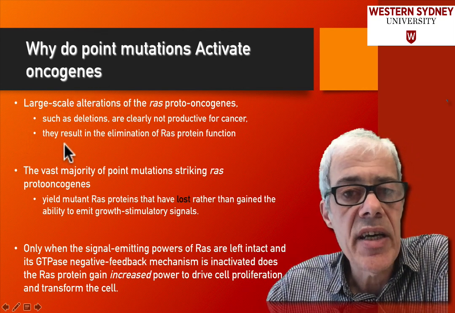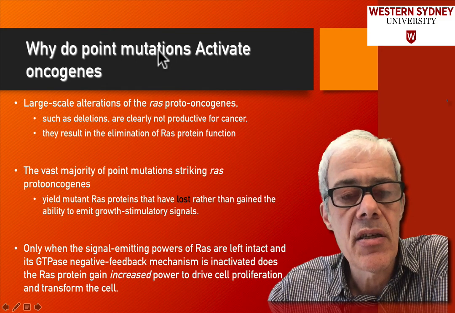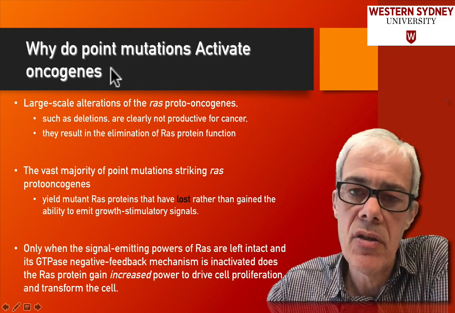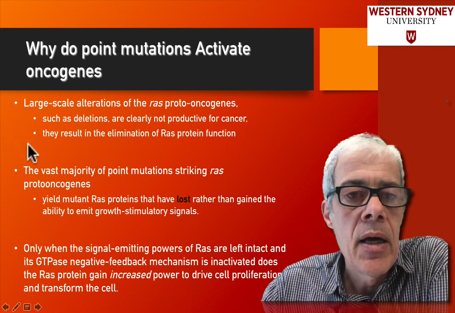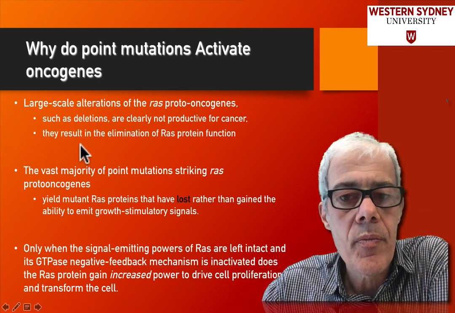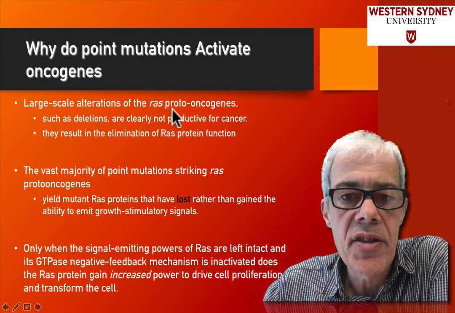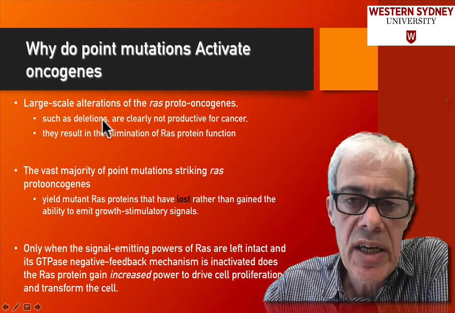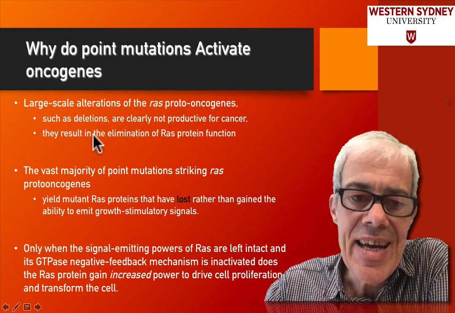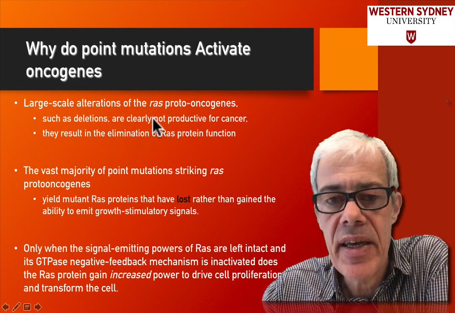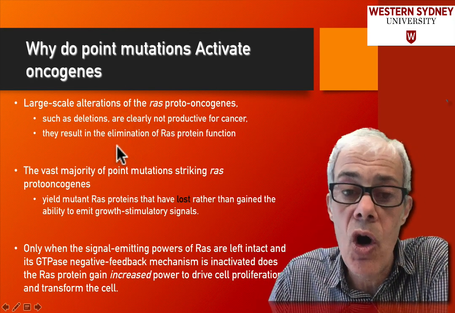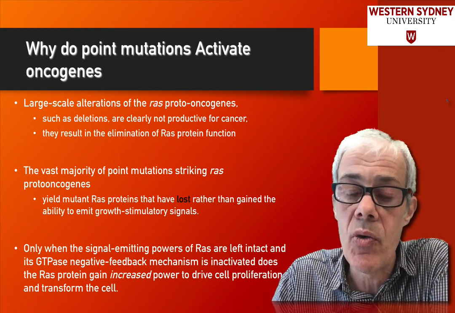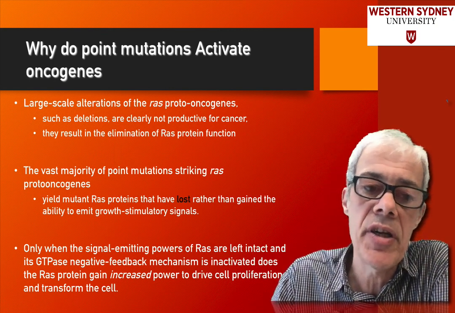I guess the question is, how can a mutation lead to the activation of an oncogene? Most alterations to RAS, such as deletions, actually inactivate RAS, okay? And they eliminate RAS from the cell, so that cell doesn't outcompete and outgrow other cells, and it's not an issue.